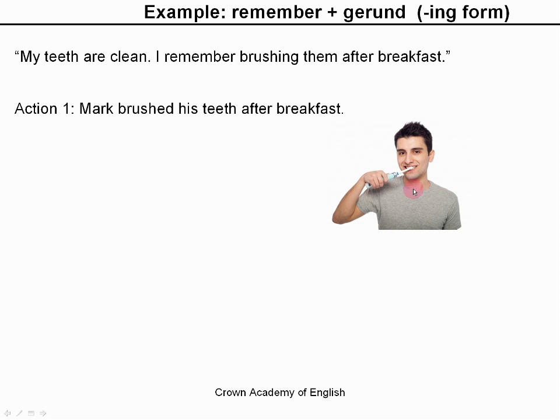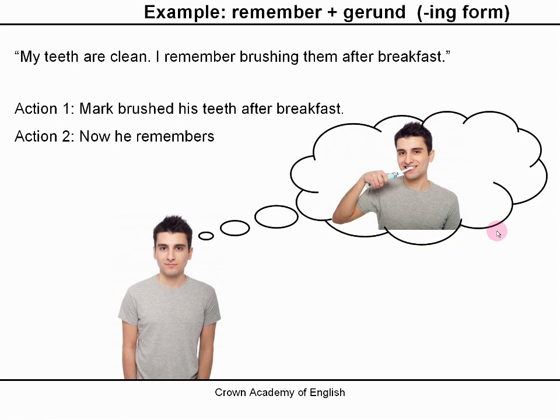Okay, so here he is. Action 1, Mark brushed his teeth. And then action 2, and now he remembers. So first he brushed his teeth, and afterwards he remembers it. He remembers brushing his teeth.